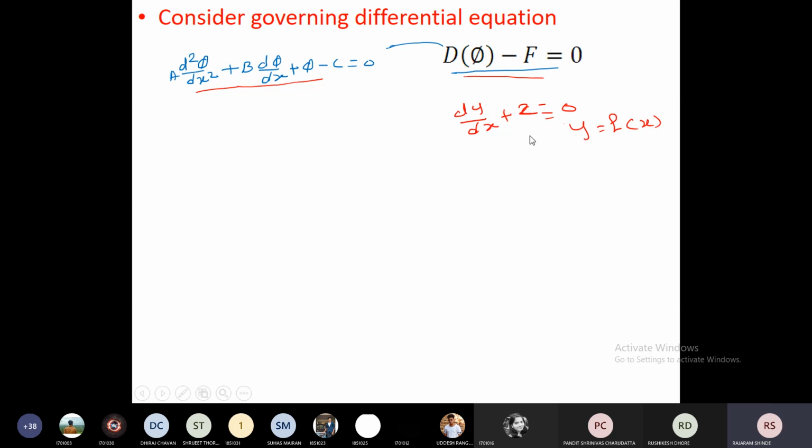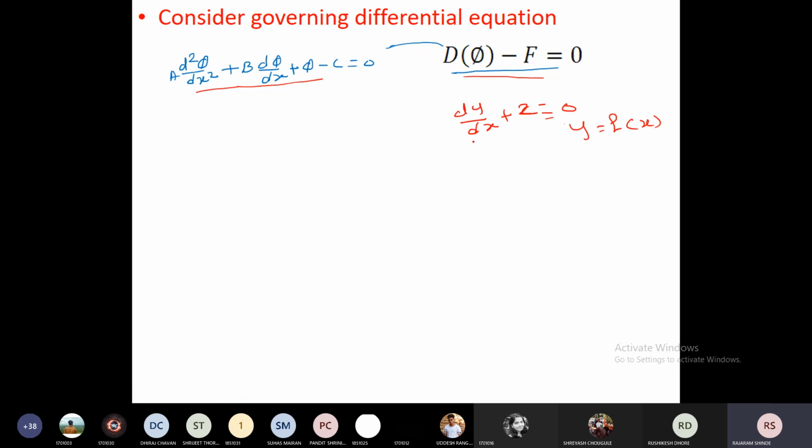Is it correct? Shreyas Chawle, are you present here? Yes, sir. Present, sir. The solution to any differential equation is the variable as a function of the independent variable. Am I right?